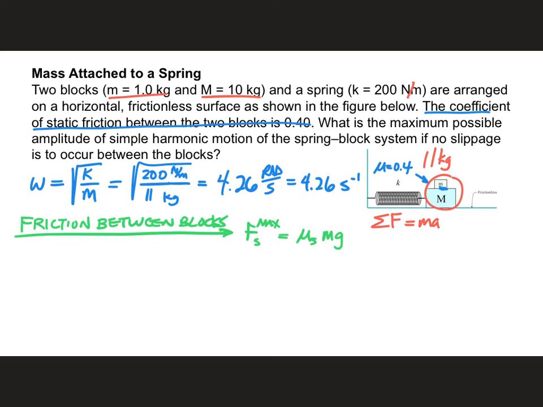And so all of this together implies that our max acceleration, the sum of forces, is just our maximum static friction, and so it's going to be mu mg over that mass. And so really what I have, the acceleration at its max, is just mu g.